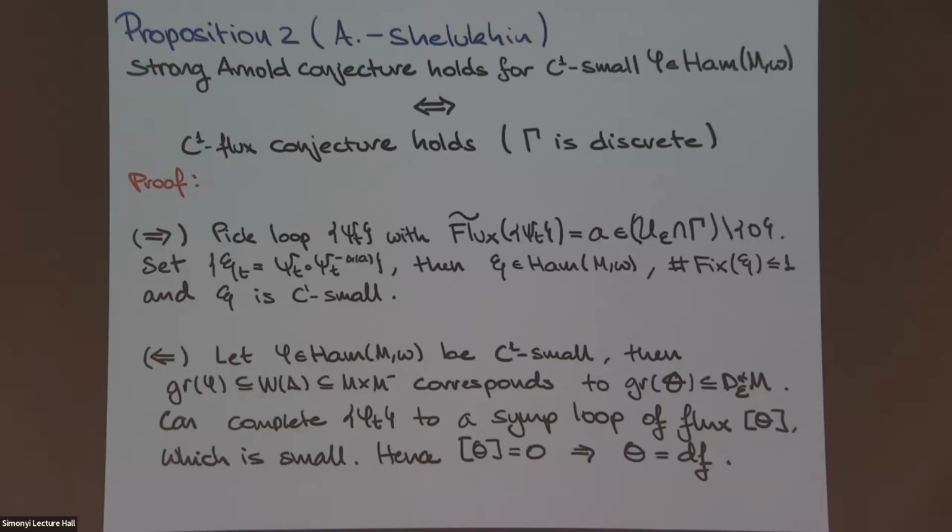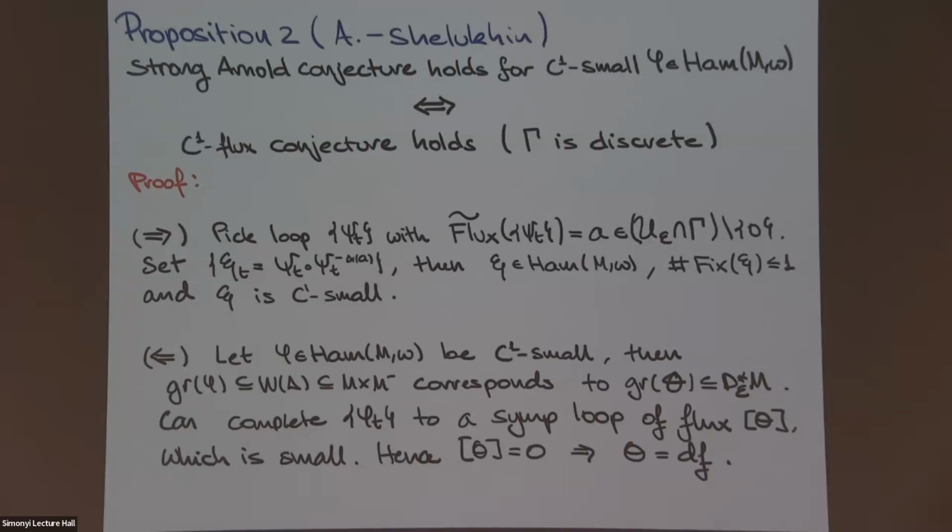What we're really doing is taking the C1 small Hamiltonian diffeomorphism and making it into a loop. And the flux that we get is precisely the class of this one form. But it's a Hamiltonian path, so we have no flux going all the way to the endpoint, and then by completing the loop, we just get the flux from the one form.